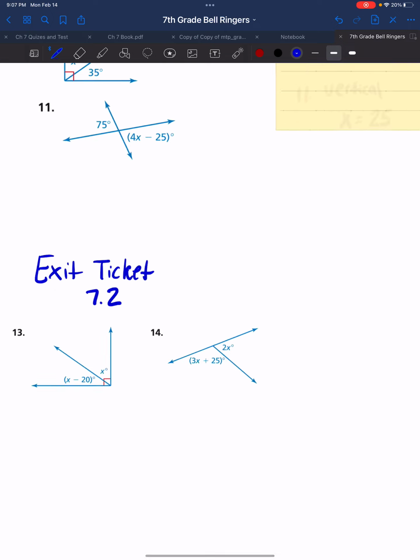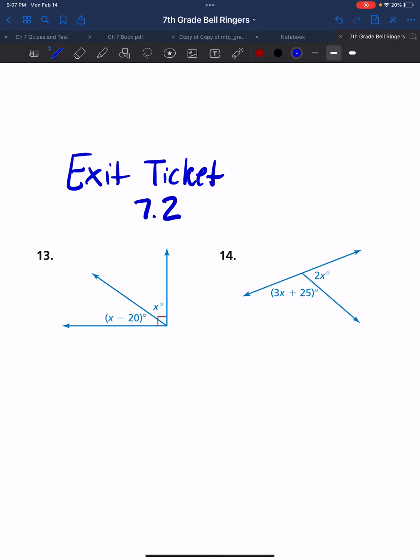Here's your job. On exit ticket 7.2, you need to first tell me, do these two angles come together and form complementary or supplementary lines? After you've done that, then I want you to solve for x, just like what we did in our notes. A quick little reminder, that would just mean x minus 20 plus x equals 90.